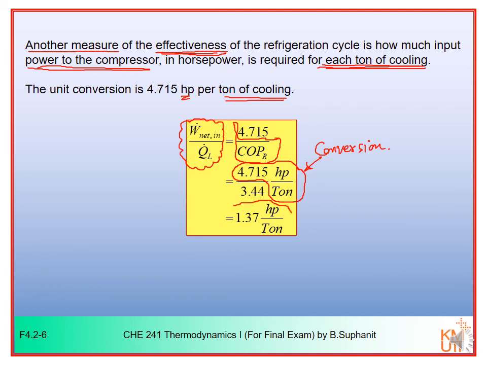Okay, so with this number, it would be more meaningful. It means that you will need 1.37 horsepower to supply your compressor in order to get 1 ton of cooling services. That would be more meaningful in this case instead of using COP. So this is another measure that you can use to tell whether your refrigeration system is effective or not.